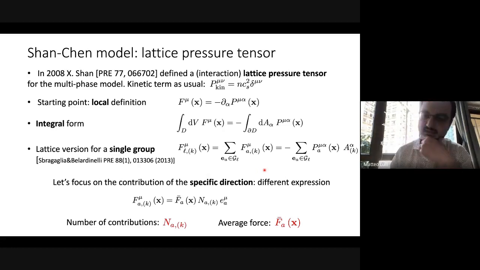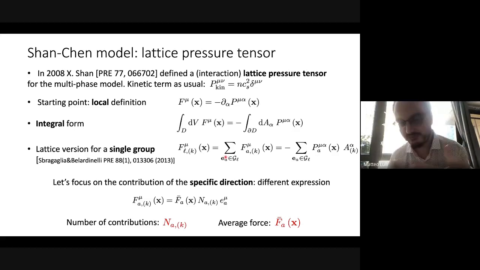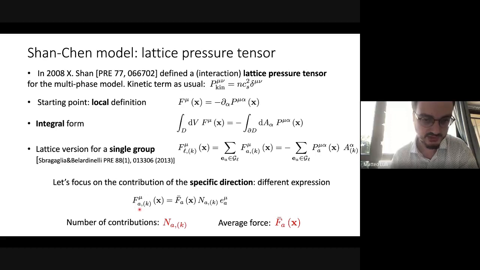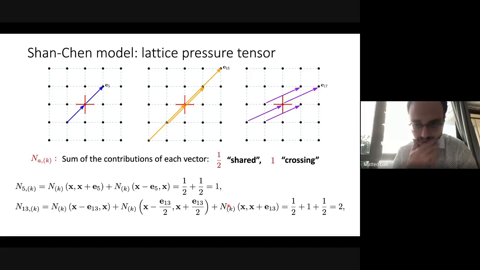Basically, one is interested in analyzing the total number of contributing forces that have a flux through a given area element, which is this F_mu A of K. Here we restrict our attention only to a given forcing direction, which can be written as an average force times the number of contributions times the force direction.